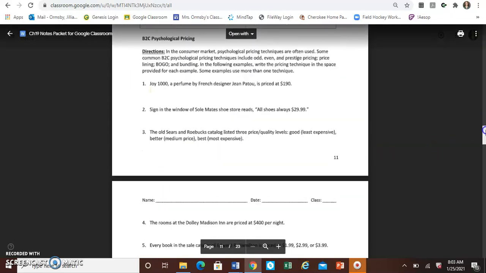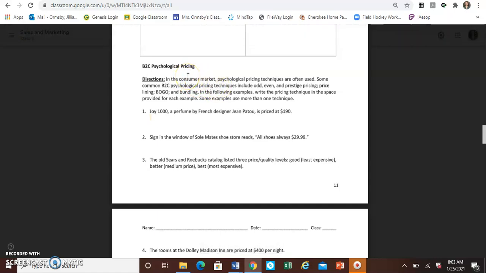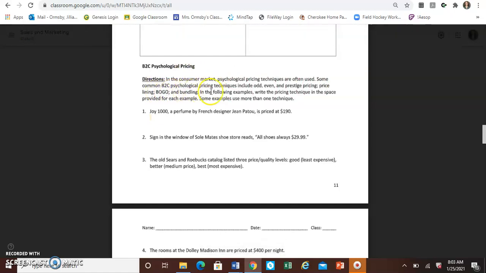And then moving on, the directions for this next activity say: in the consumer market, psychological pricing techniques are often used. Some common business to consumer psychological pricing techniques include odd, even, and prestige pricing, price lining, BOGO, and bundling. In the following examples, write the pricing technique in the space provided for each example, and some examples use more than one technique.